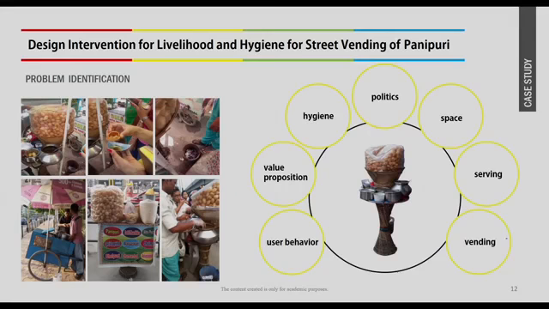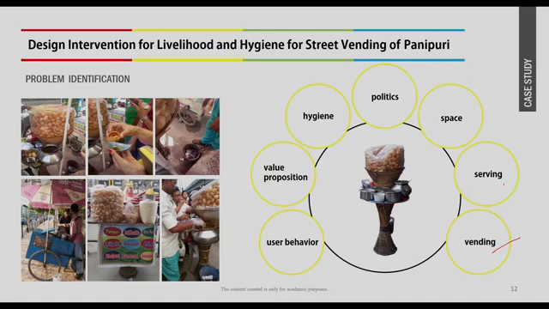We found problems related to vending. The street food vendor is carrying more than 40 kilos from his house to the point of sale, which is not good for his health.